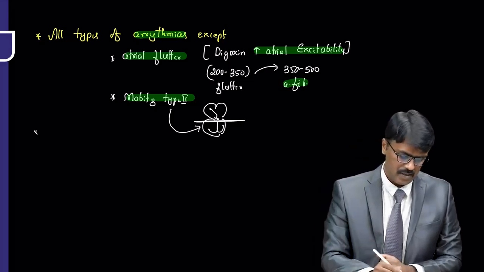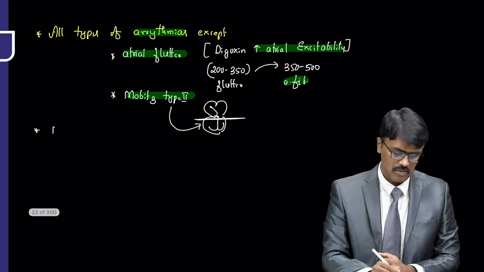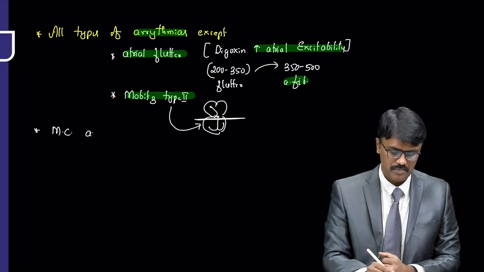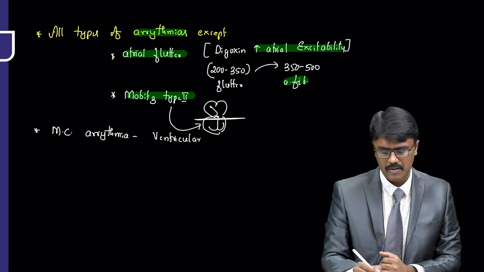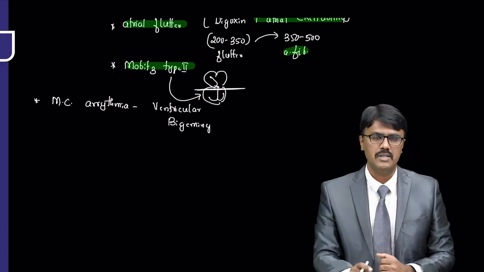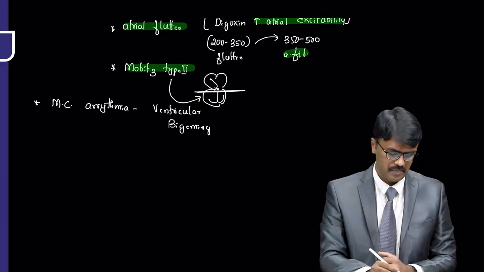The second important aspect is, what is the most common arrhythmia in digoxin toxicity? The most common arrhythmia we see is ventricular bigeminy.